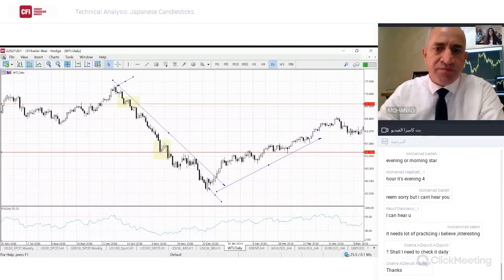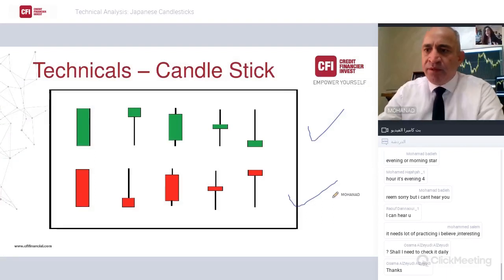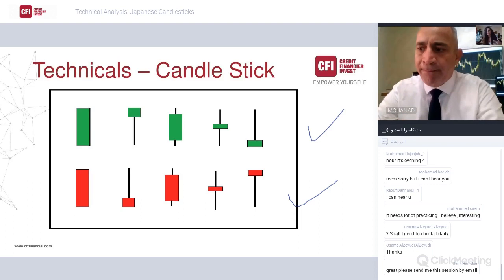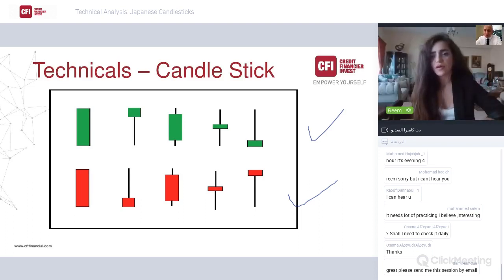Exactly. So I think everyone should try and practice when we send the daily technical analysis, to practice looking at the candlesticks in a different way now. That's what we hope we did today. We make you look at candlesticks in a more technical and more indicative manner towards the trend that will follow the path of the prices.